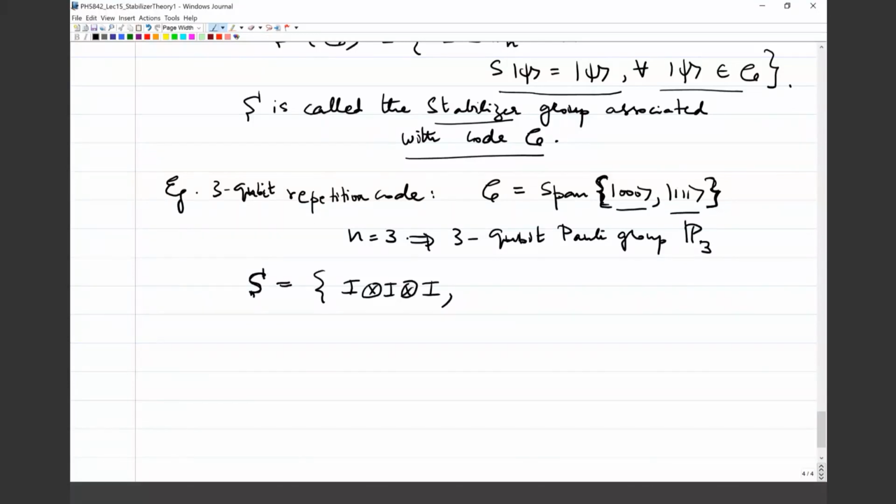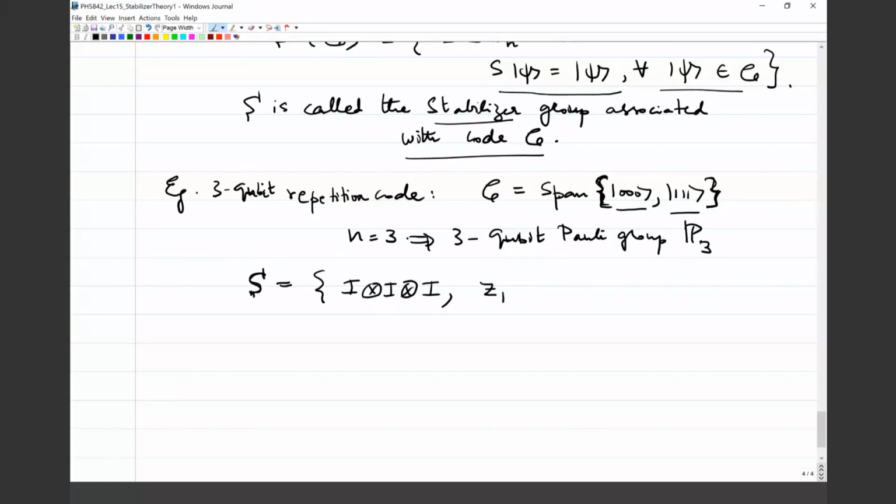Can I have an X operator? Can there be an X operator in this set? X1, X2, X3, anything? No. So you can only have Z. Okay, good. A single Z?